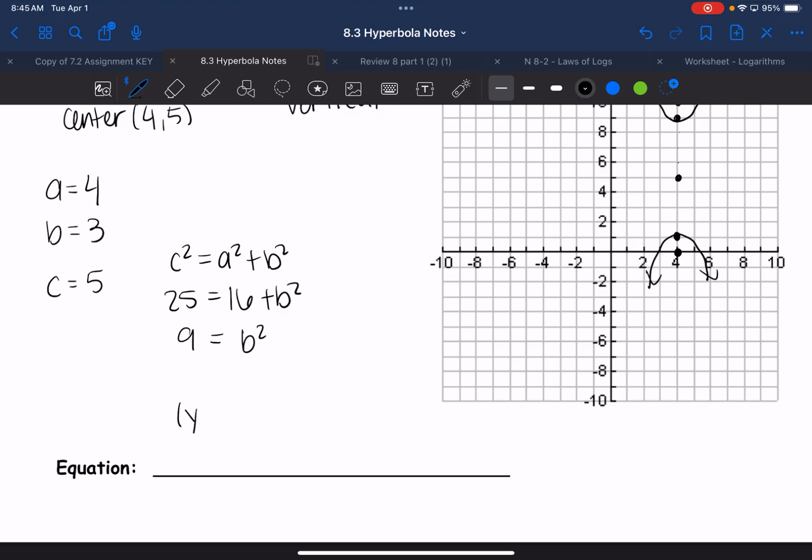So it'll be y minus k, quantity squared, over a squared, which would be 16, minus x minus h, quantity squared, over 9, since it'll be b squared, equals 1.